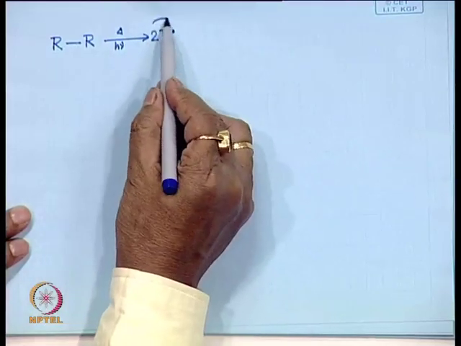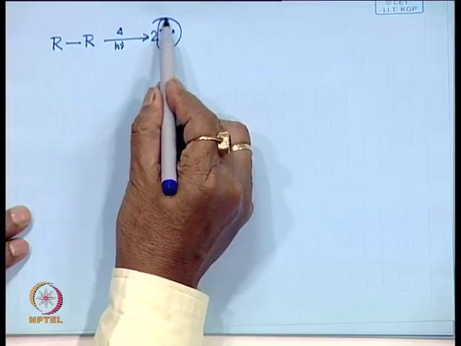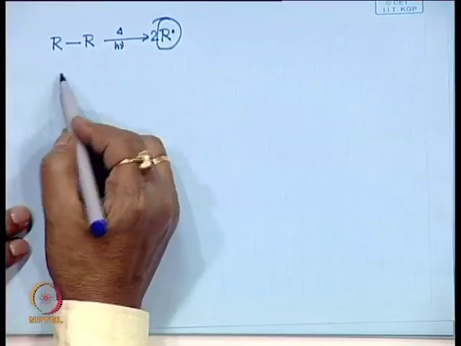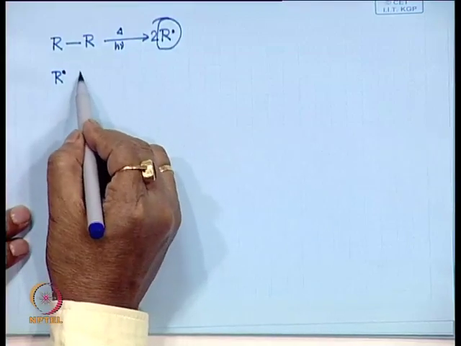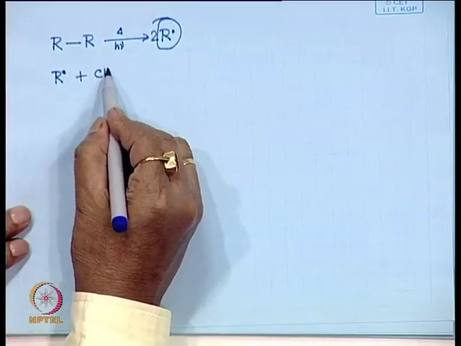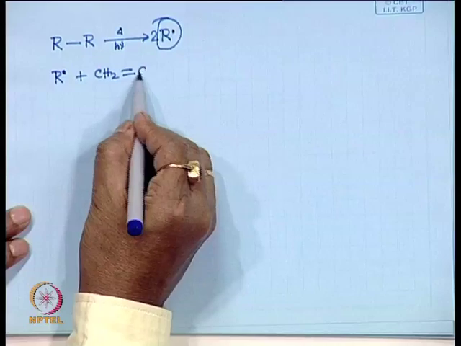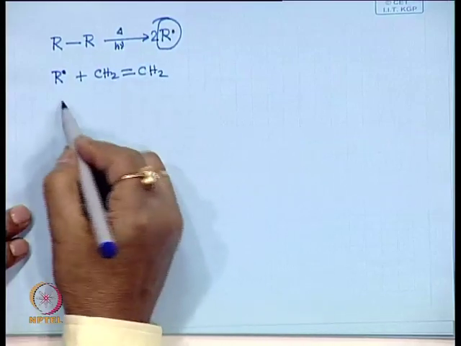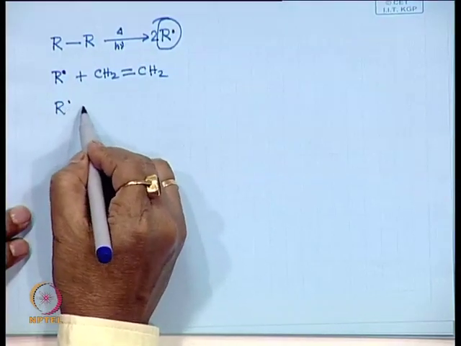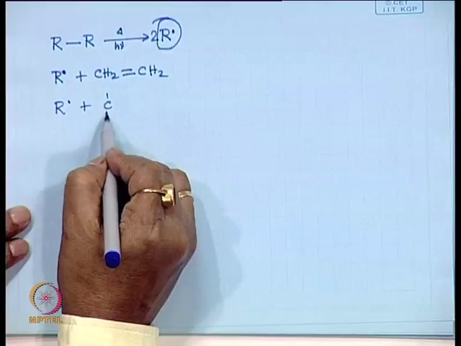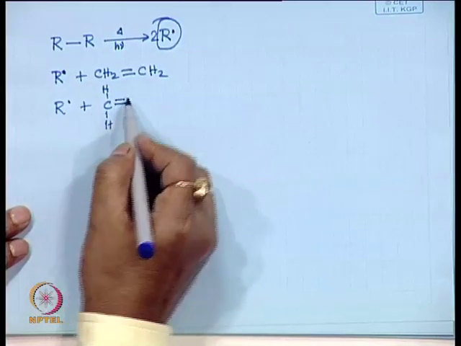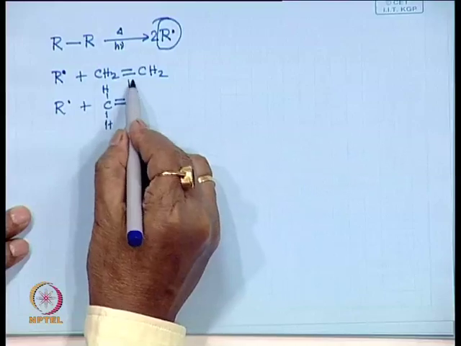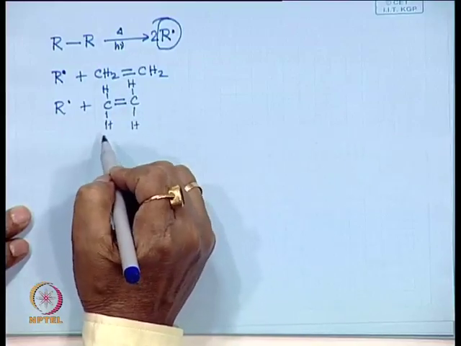Now, this radical is highly reactive. Now, if that radical comes in contact with a monomer like this, or you can visualize this way. What will happen?